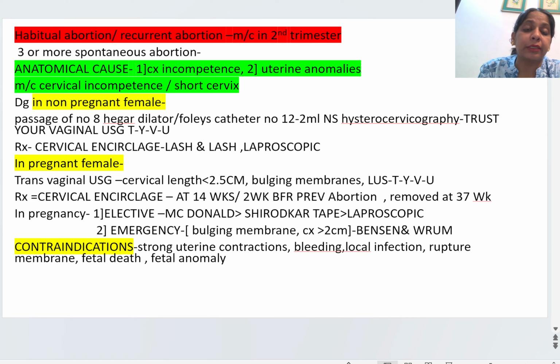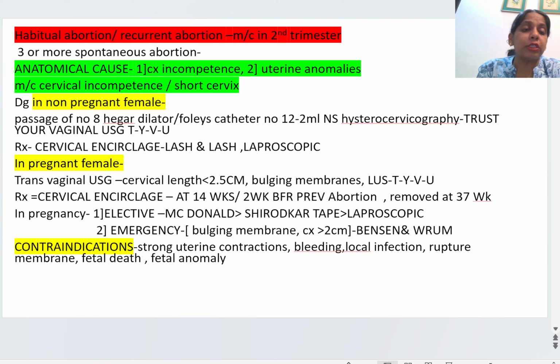It means the cervix cannot sufficiently obstruct that dilator, so how will it obstruct the pressure of the pregnancy or the fetus? Similarly, we can insert a number 12 Foley's catheter, which is a very thin catheter, and inject 2 ml of normal saline in it.